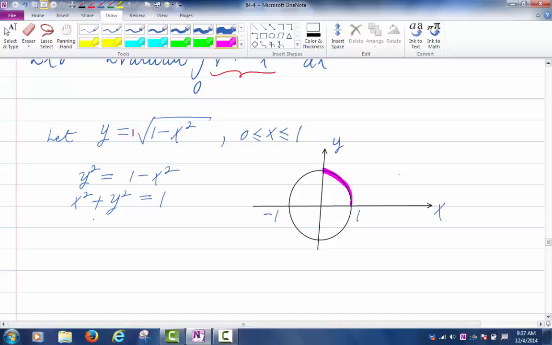So the graph of this guy is the upper half of the circle if x is between -1 and 1. If I put a negative in front of the root, then I get the lower half, right? But because x is between 0 and 1, I get 1/4 of the circle. Okay, so that's the circle.